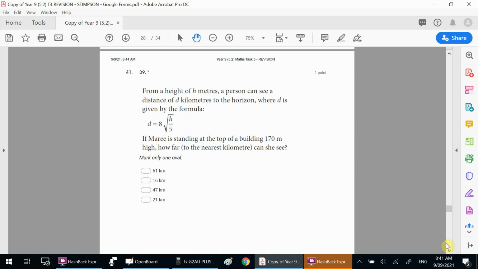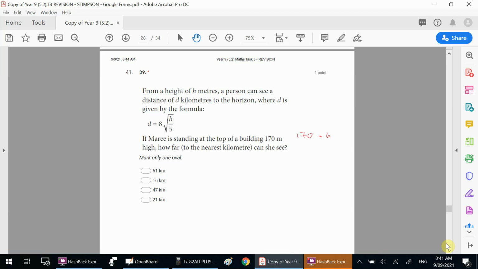Substitution. From the height of h meters, I have already done this one a couple of times, but there we go. Height of h meters, a person can see a distance of d kilometers. So the higher you go, the further you can see. And there's the formula. If Marie is standing on top of a building 170, so 170 is our h they're going to put here.